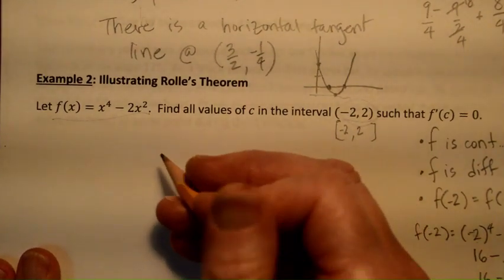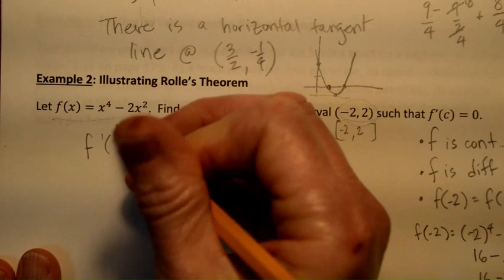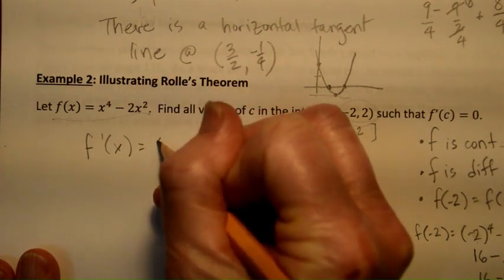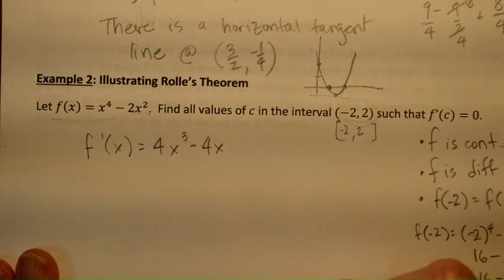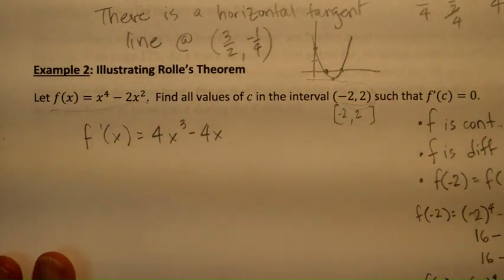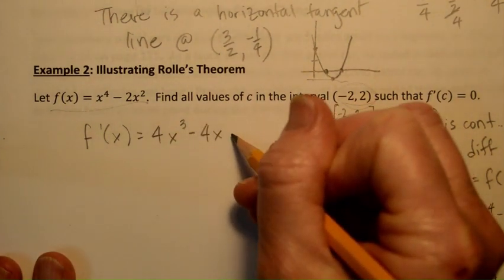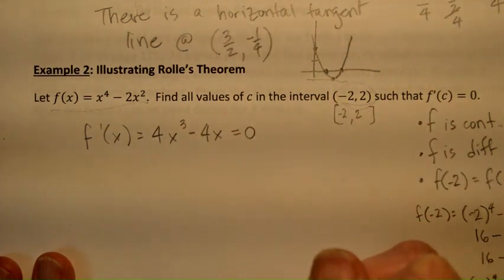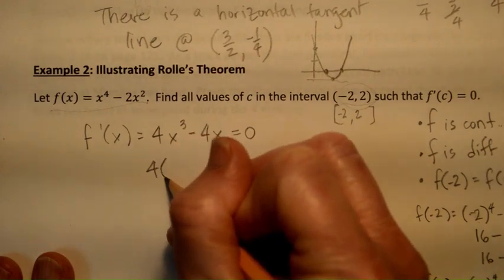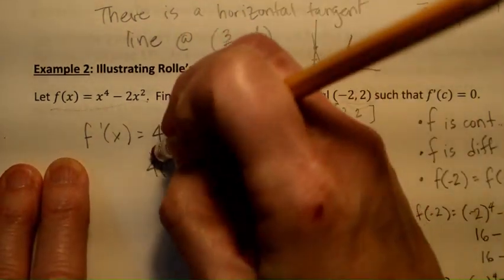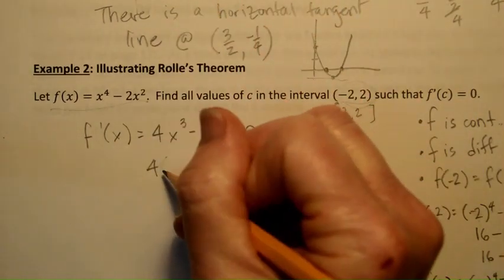All right, so we've got f prime of x equals 4x to the third minus 4x. And I'm going to set that equal to 0. I'm going to factor out a 4x here. Whoops, I said 4x, and I just did 4x.